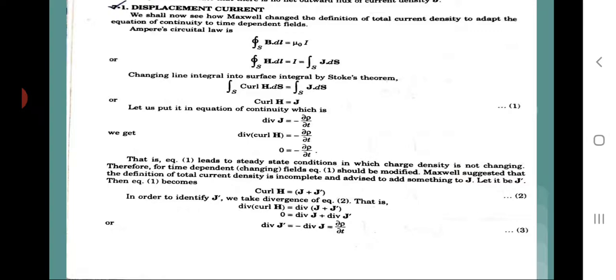Maxwell suggested that the definition of total current density is incomplete and advised to add something to J. Suppose that is J dash. Therefore, curl of H is equal to not completely J, but J plus J dash.